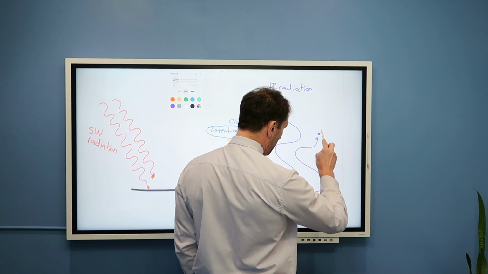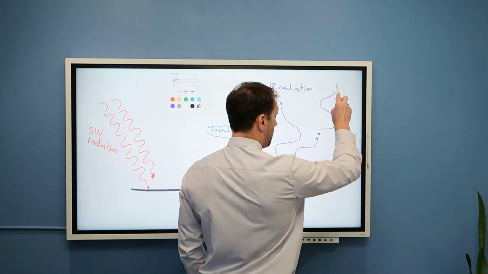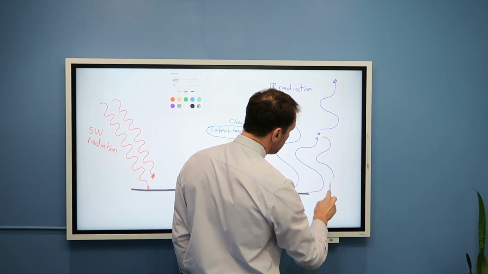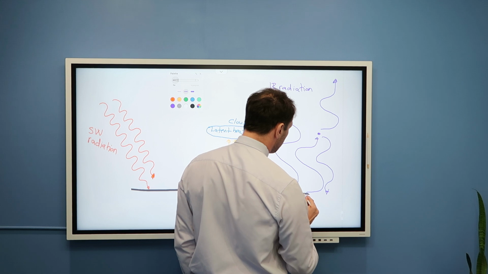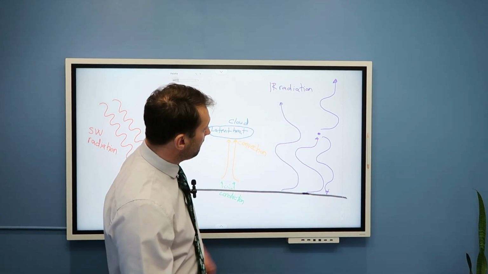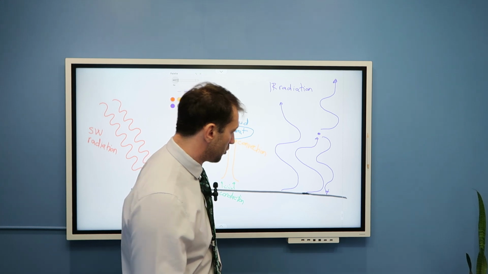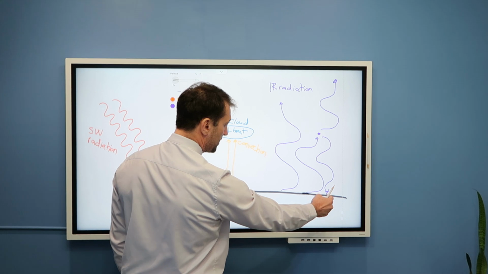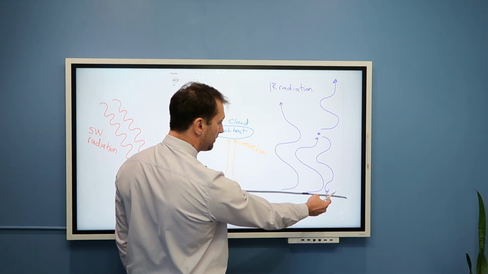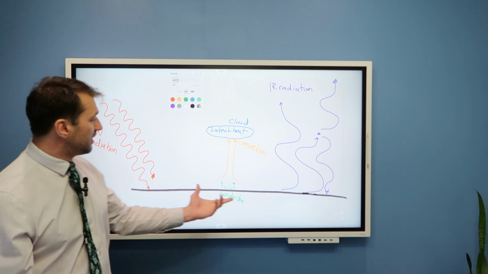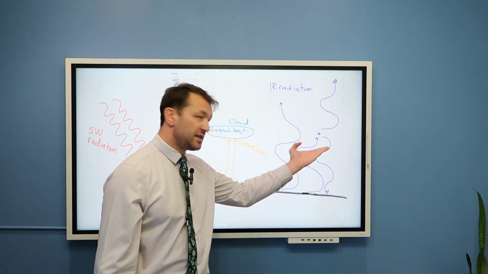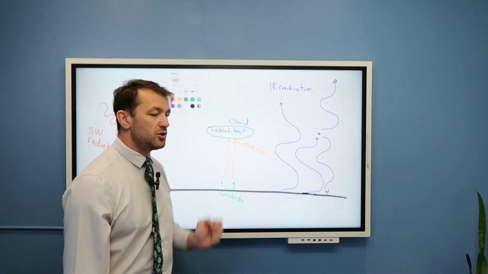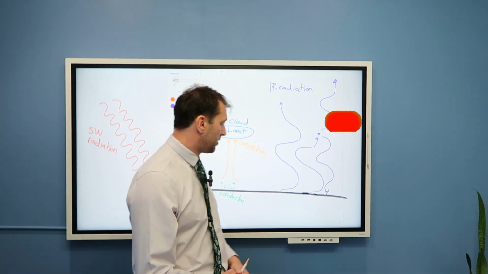Now the option is this molecule can re-radiate this upward back into the outer space, but it can also re-radiate it back towards the surface, thereby warming up the surface, or another molecule close to the surface will absorb it, thereby heating up the air. Once this radiation is returned to the surface and the surface absorbs it, it can either radiate it back as radiation, or it can be used through the process of conduction and convection, or it can be used for evaporation of water from the surface.